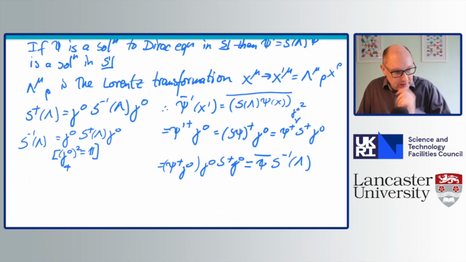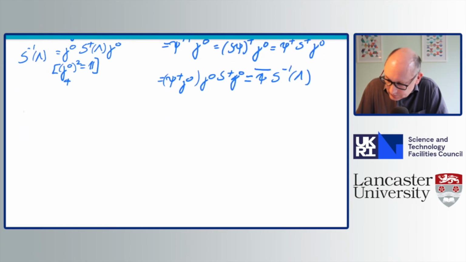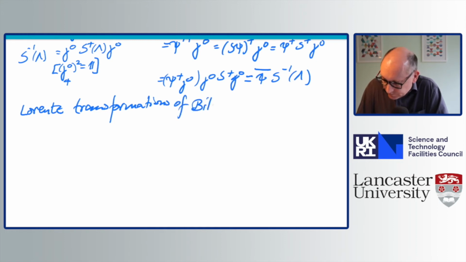We can use all this to understand how so-called bilinear products of psi and psi bar transform under Lorentz transformation. So, let's see here, Lorentz transformations. Bilinears. What do I mean?